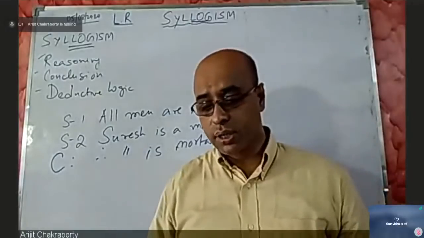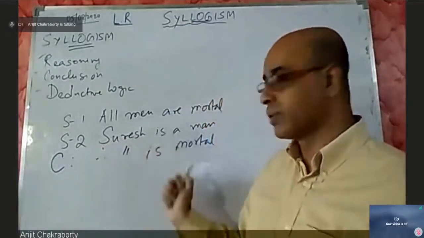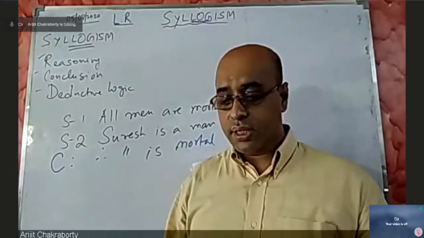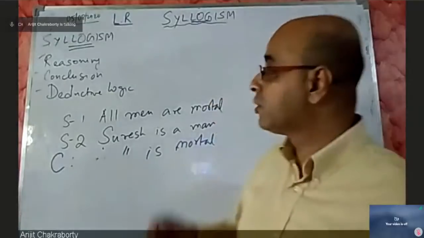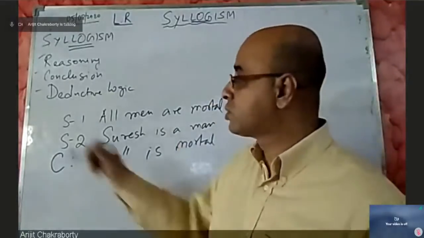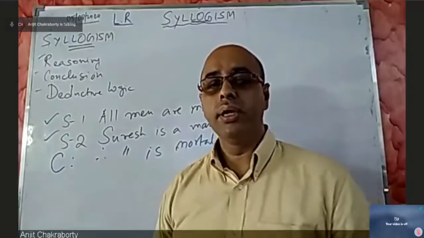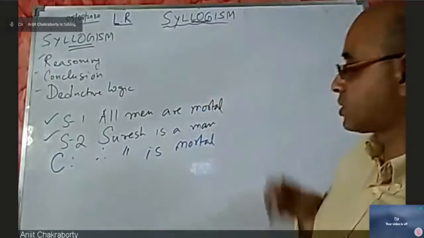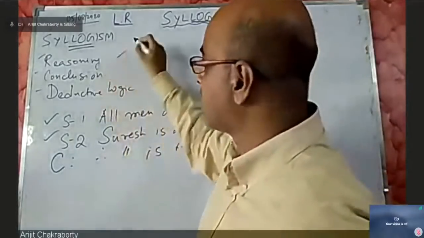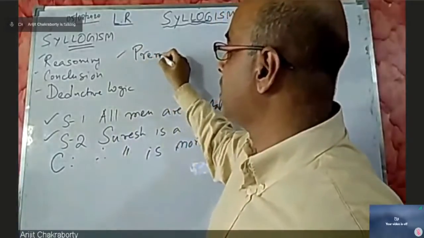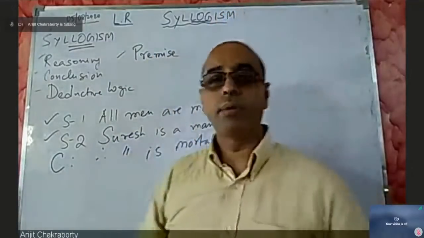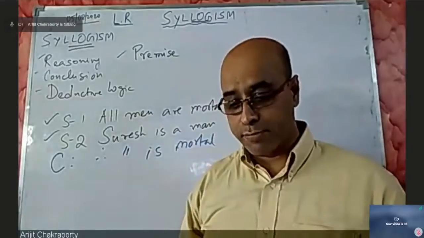So all men are mortal, Suresh is a man, therefore Suresh is mortal. So this is basically what we call reasoning, and these two are the statements, and these statements are often known as premise. So a new word we come across, that is premise. P-R-E-M-I-S-E. Premise means a statement.